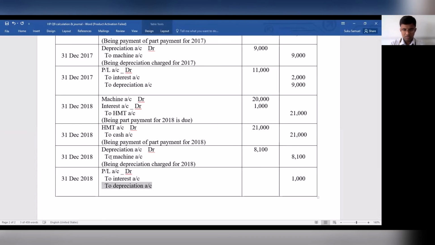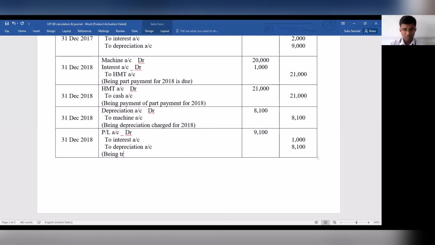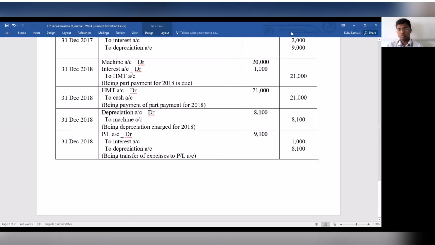And then here the interest is 1,000 and depreciation is 8,100, and together this works out to be 9,100, being transfer of expenses to profit and loss account. So with that, we have completed the journal entries for this particular question.